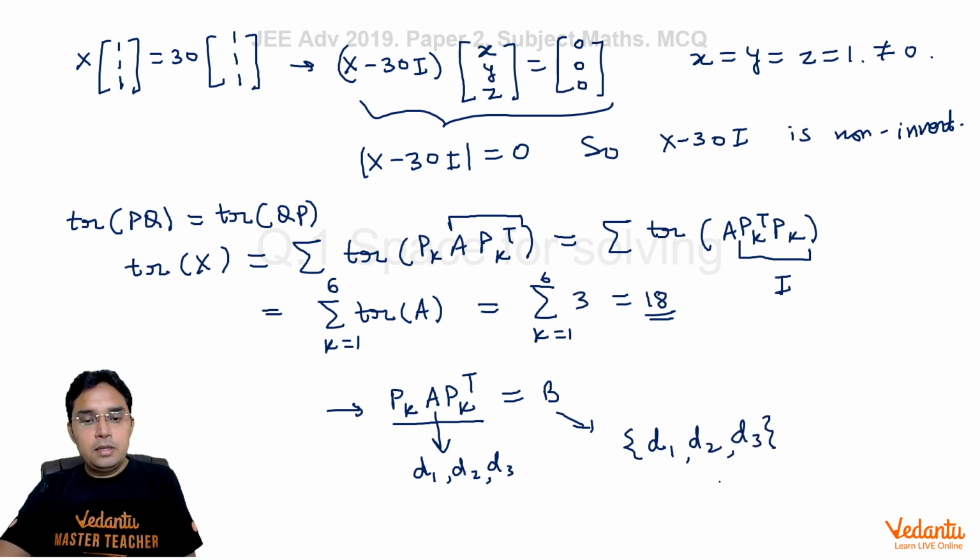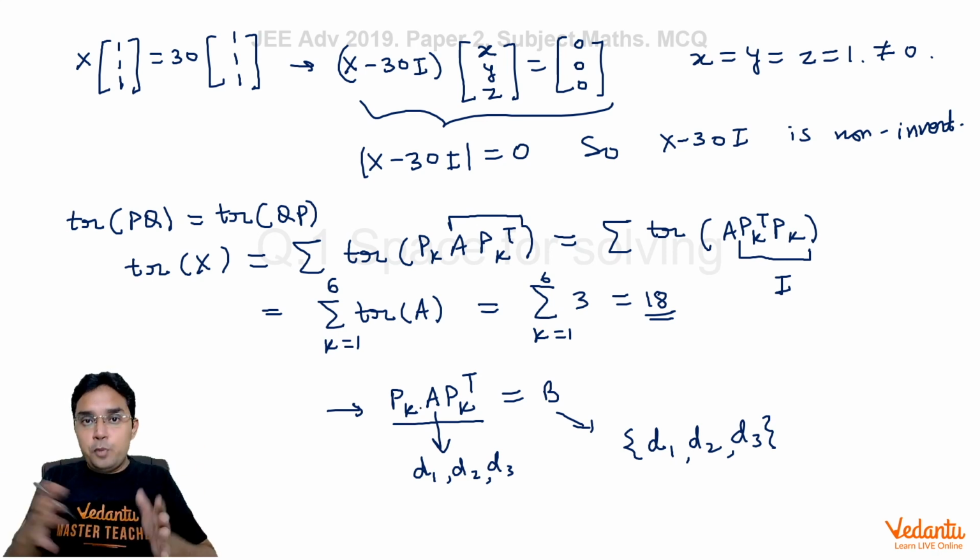Which means after pre-multiplication with pk and post-multiplication with pkt, our diagonal elements will remain diagonal elements only.